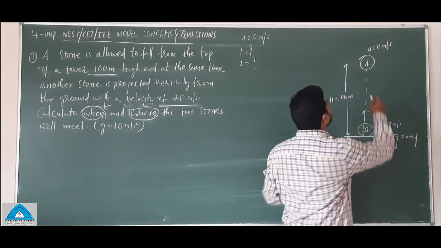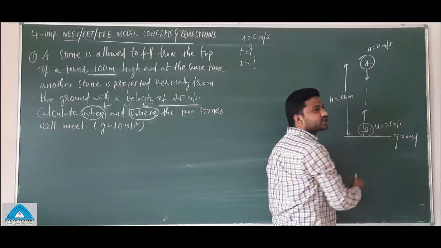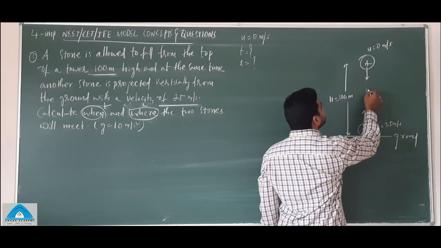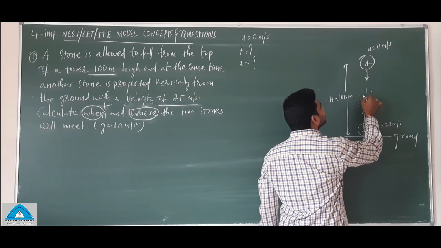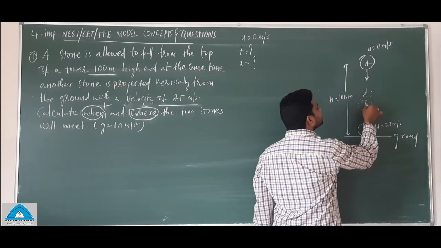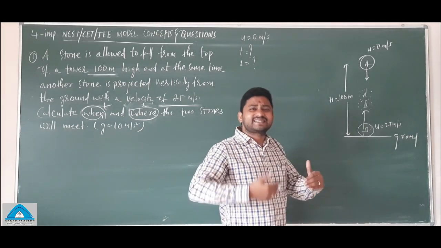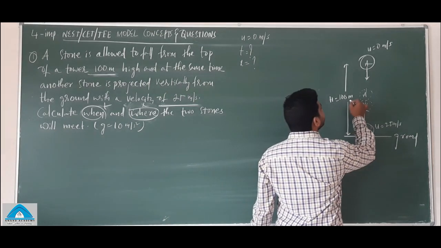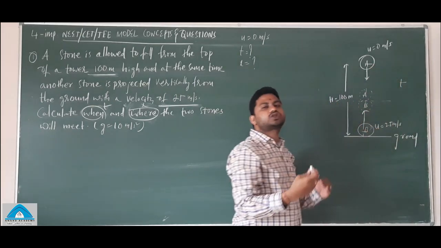When this body is dropped, simultaneously this body is projected, and there is a point where the two balls will meet each other. This is A and this is B. Both stones will meet each other. Let us imagine this is the time t after which both the stones will meet.